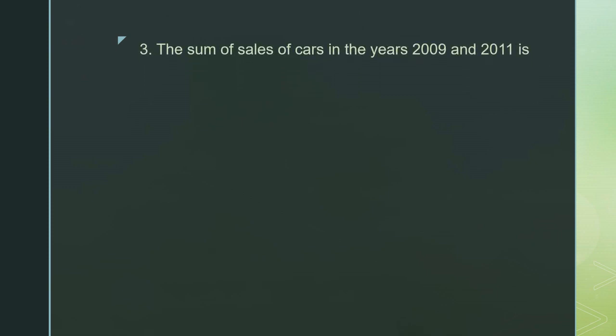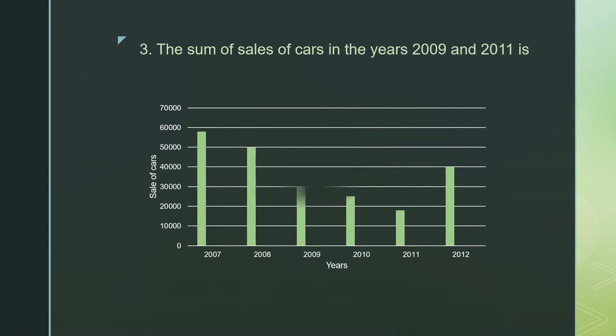Next question. The sum of sales of cars in the years 2009 and 2011. In 2009 the sales of cars is 30,000 and in 2011 the sales of cars is 18,000. So the options are: A is 40,000, B is 48,000, C is 50,000 and D is 20,000.